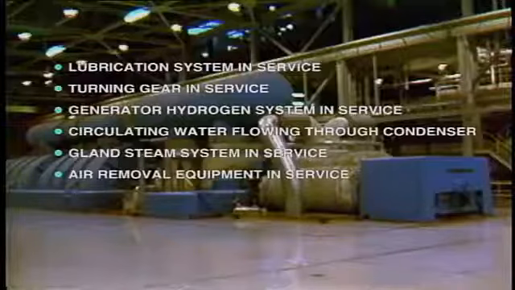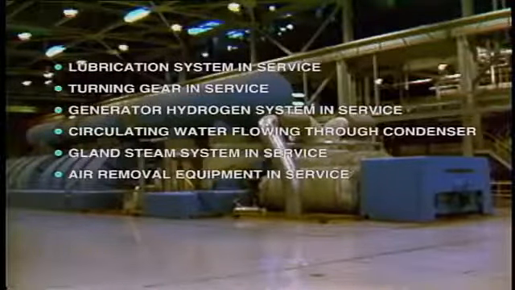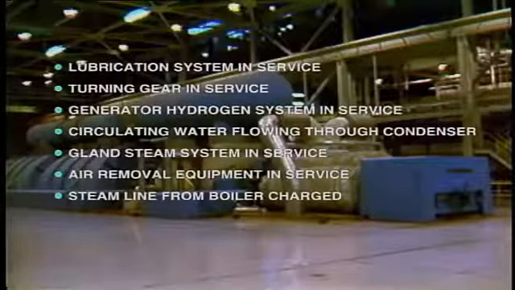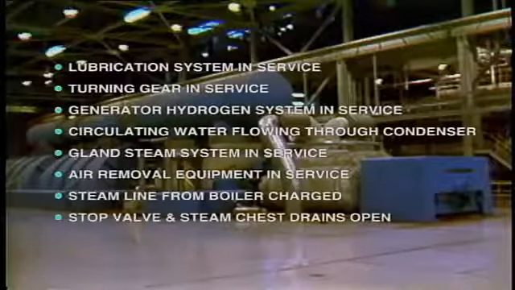Air removal equipment in service with vacuum established in the condenser. Steam line from the boiler charged and turbine stop valve open to charge the steam chest. Stop valve drains and steam chest drains open to ensure removal of any water, that is, condensate, and all protective devices reset and available.